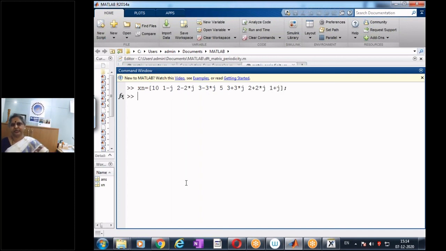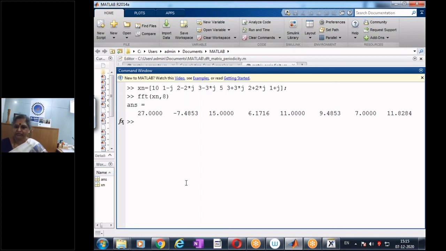This is my input sequence. I have taken the input sequence with complex conjugate symmetry so that my result is going to be real. And then I compute my DFT of xn, an 8-point DFT, and let's see the result. It's 27, minus 7.5, 15, 6.17, 11.